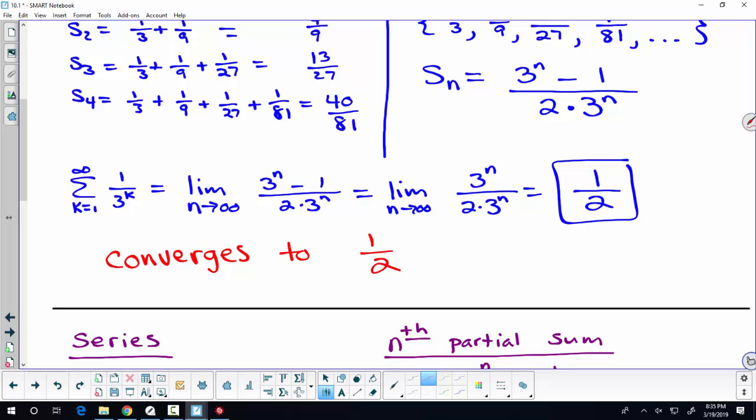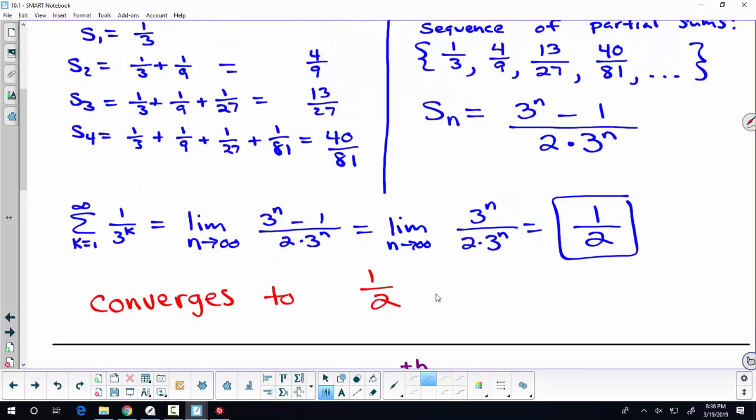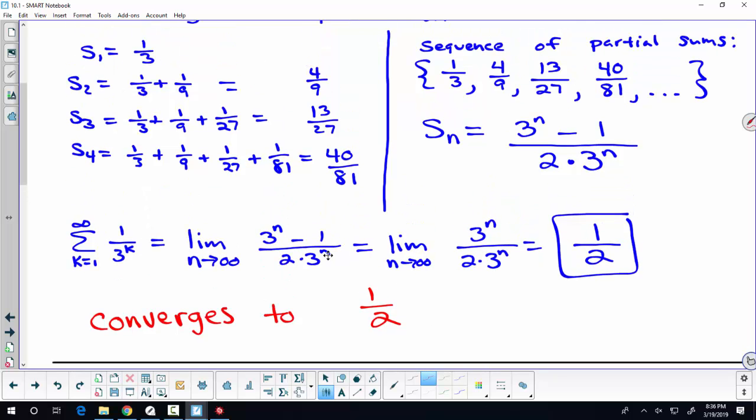Do we know the sum of 1/3 plus a 9th plus a 27th plus a 81st plus so on? It is 1/2. Do y'all have any questions on that?